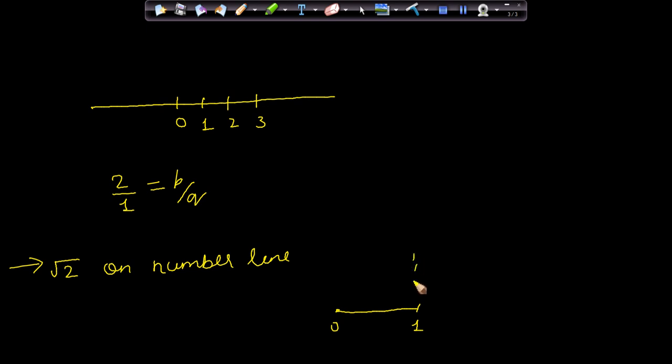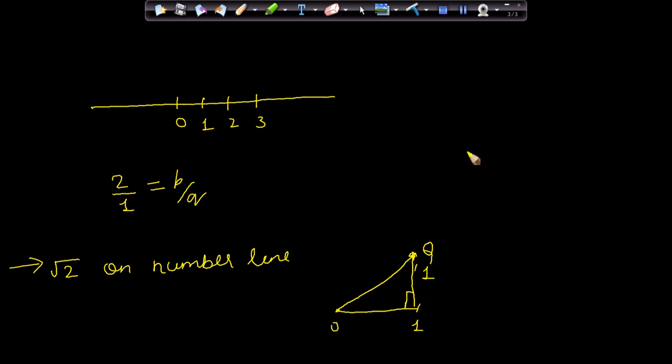So what we'll do, we'll draw a perpendicular to it of length 1 centimeter and join this Q. So this length is 1, this perpendicular length is 1.